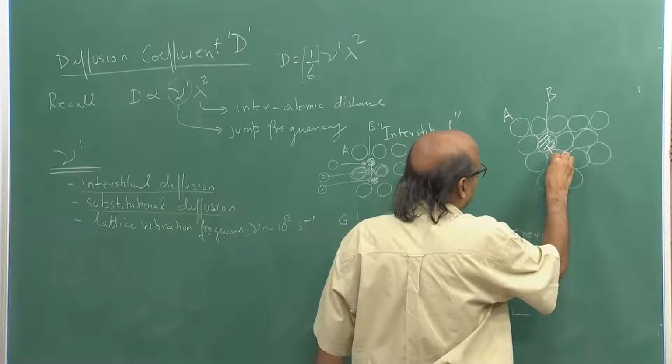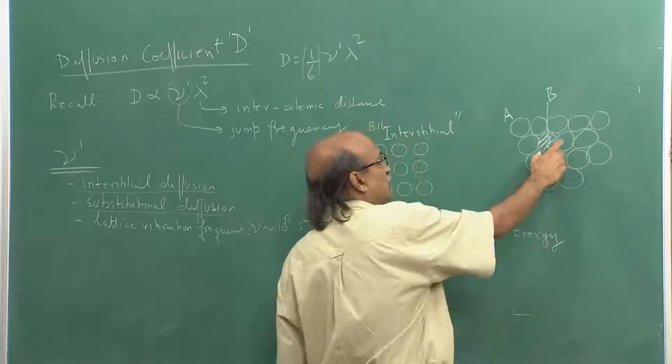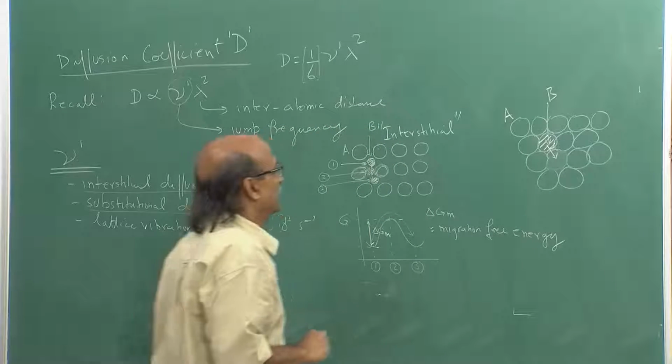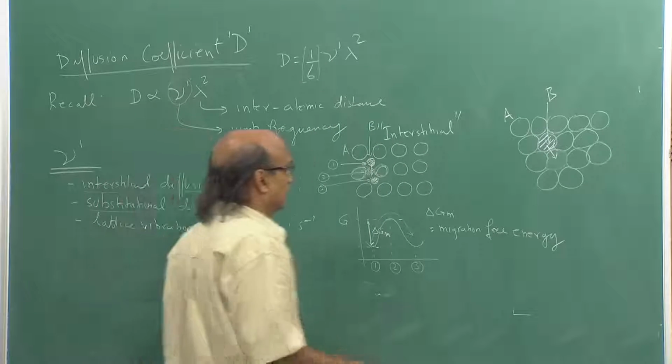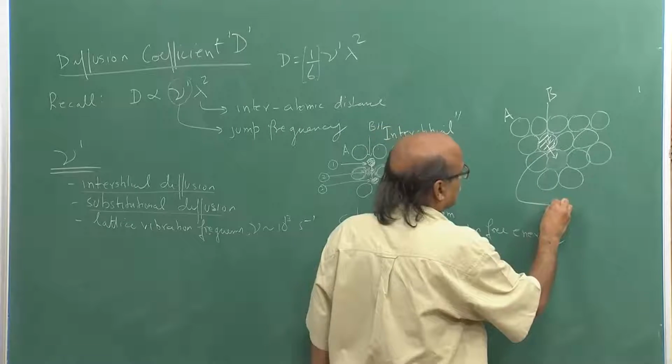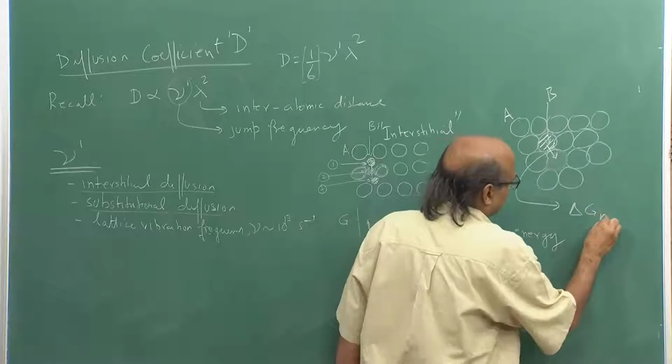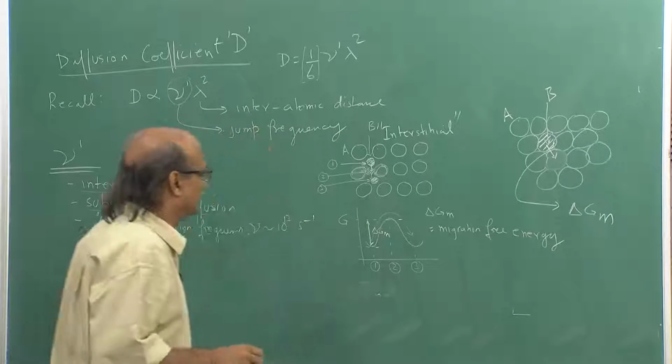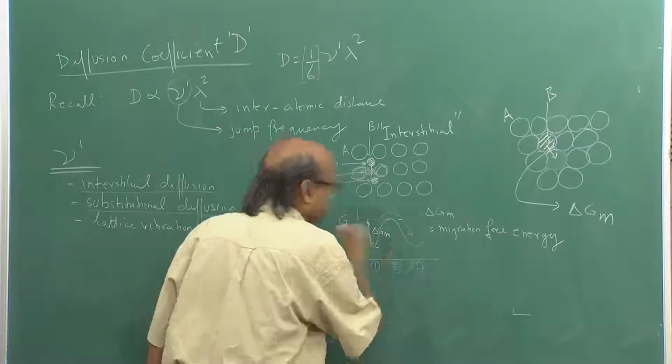In order for this to jump, again, it has to squeeze between the other neighboring atoms, and as a result this jump would also be associated with a migration free energy or an energy hill of this kind.